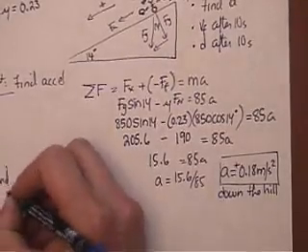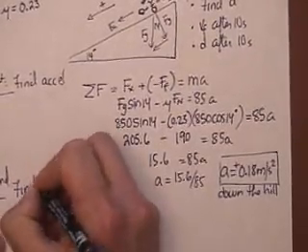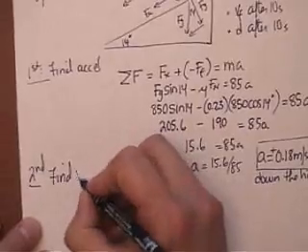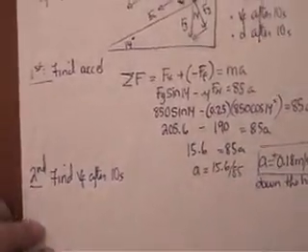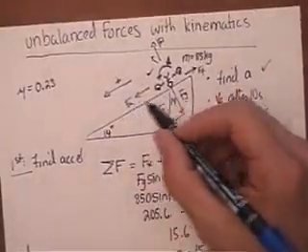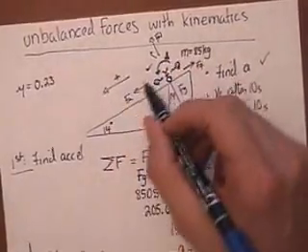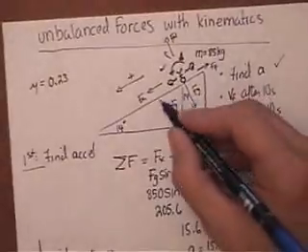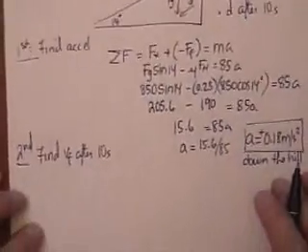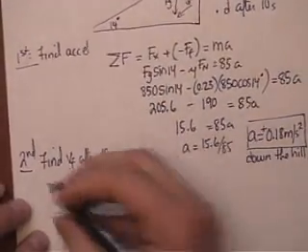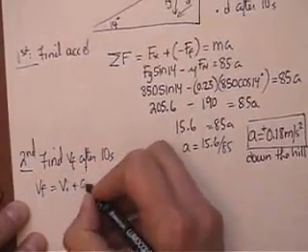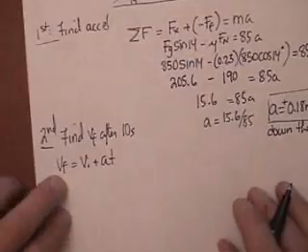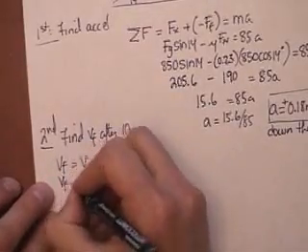Second, you're trying to find the final velocity after 10 seconds. So rolling down the hill, you know the acceleration is really not that big. It's actually quite small, so you're not really going to have that big of a final velocity after 10 seconds. I'm going to use the easiest formula there is, Vf equals Vi plus At. Final velocity is what I'm looking for.